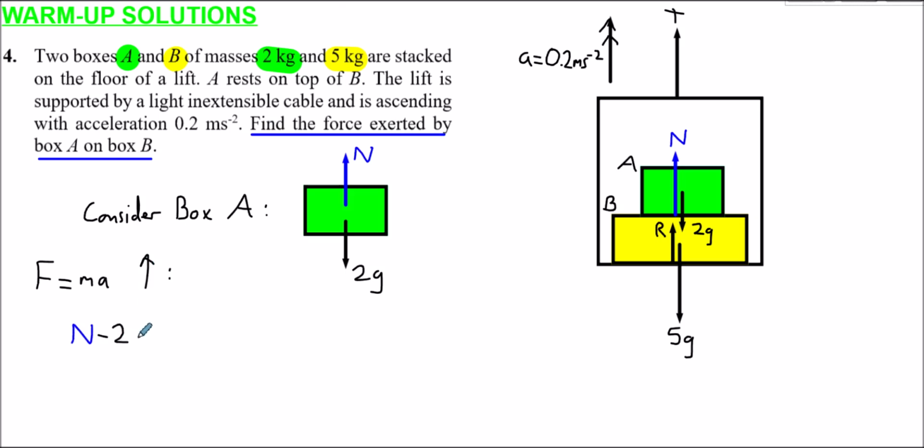So N minus 2g is going to be the mass of A, which is 2, don't forget, multiplied by the acceleration of the system, which we've been told is 0.2. So that's going to be 2 multiplied by 0.2.